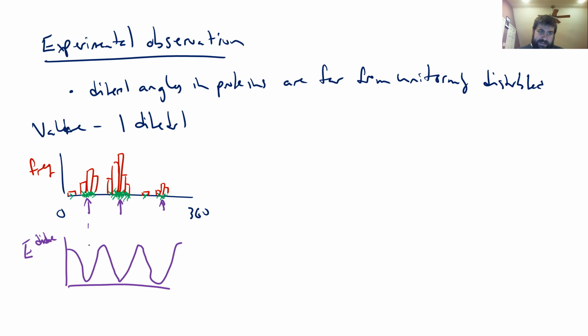And we see that there is a correspondence in the regions of low energy that we have higher populations. That's where we see things.